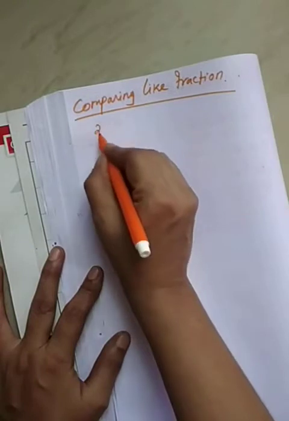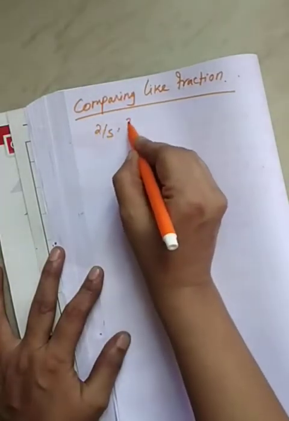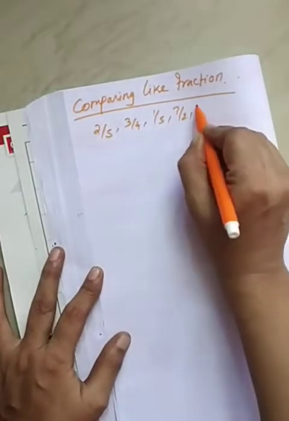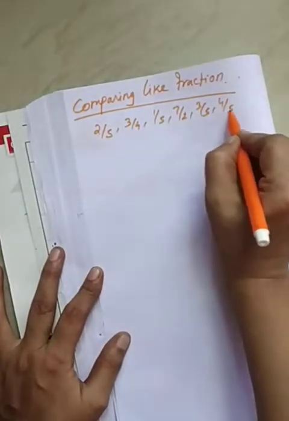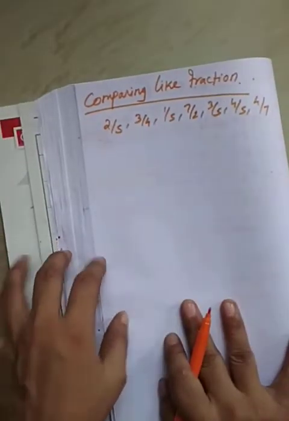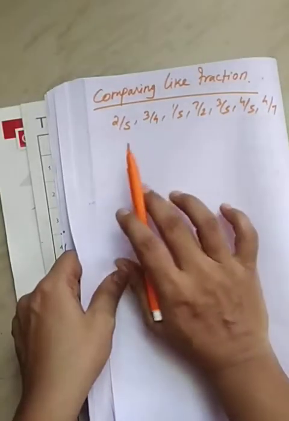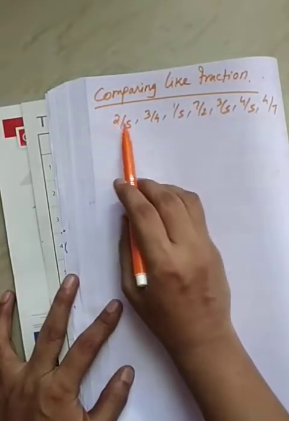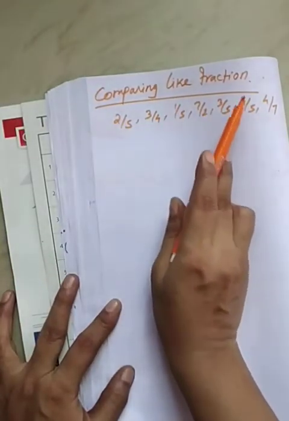See here: 2 by 5, 3 by 4, 1 by 5, 7 by 2, 3 by 5, 4 by 5, 4 by 7. What I told you, like fractions are fractions with the same denominator. Which of these are like fractions? 2 by 5, 1 by 5, 3 by 5, 4 by 5 only.